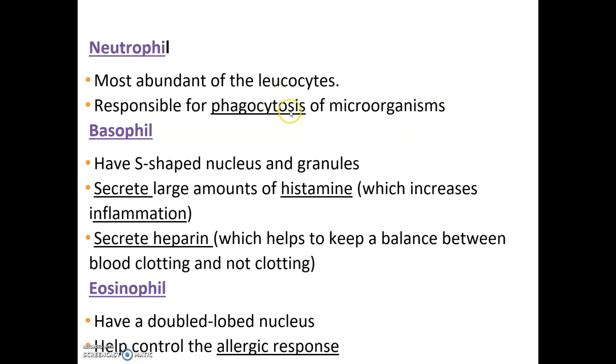Whenever the neutrophil meets a microorganism, it will phagocytose it. Basophil has an S-shaped nucleus and has granules. They secrete histamine, which is for the allergic response and increases inflammation, and they secrete heparin. Heparin is to keep the balance between blood clotting and not clotting. Eosinophil has a double-lobed nucleus, which helps to control the allergic response.